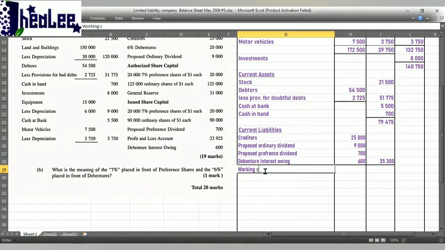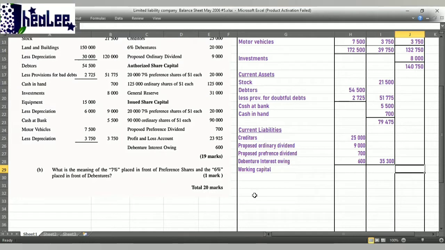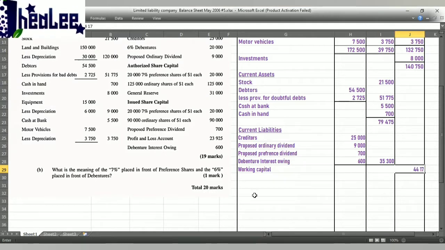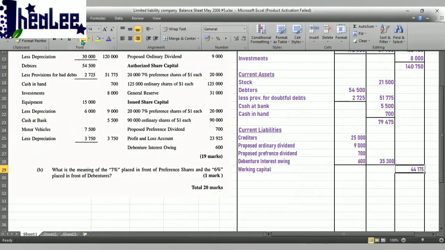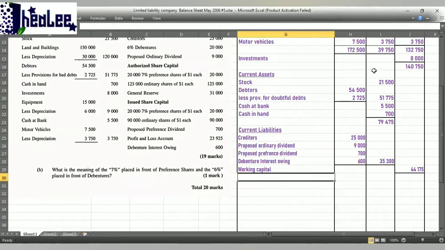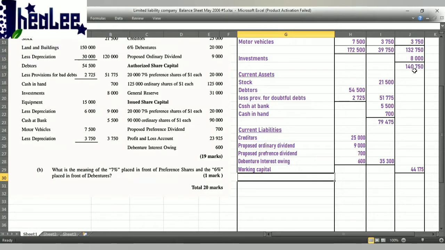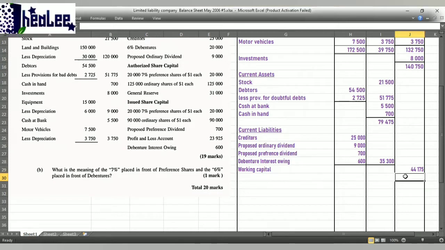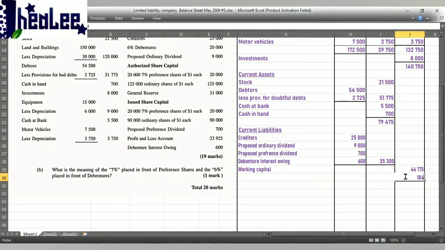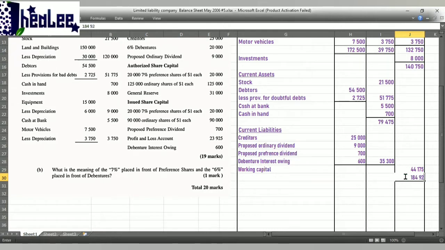And the other term for working capital, don't forget, is net current assets. And the value of our working capital is 44,175. That figure is added to our fixed asset value, and the value after adding our investments, which is 140,750, and we have a total of 184,925.